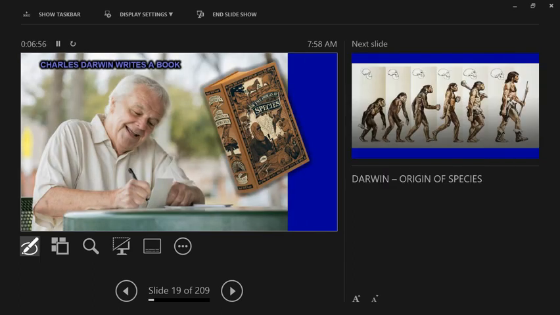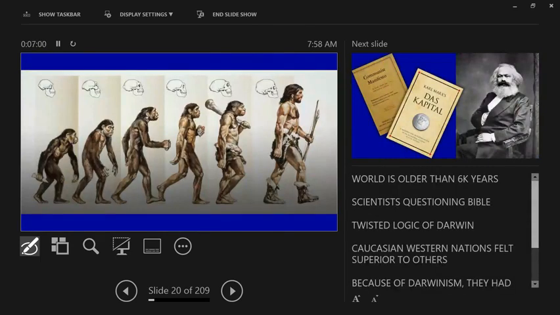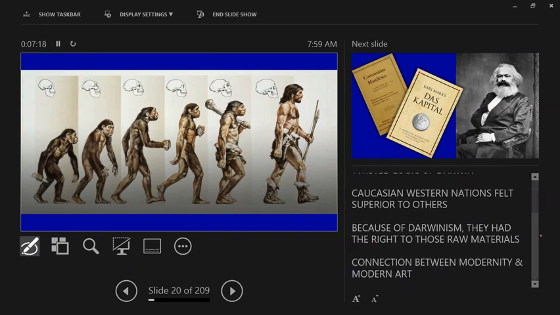Charles Darwin writes a book about the origin of the species. And so scientists begin to believe that the world is older than 6,000 years, which is what the Christians believed at that time. And scientists began questioning the Bible. And there's a twisted logic of Darwin.